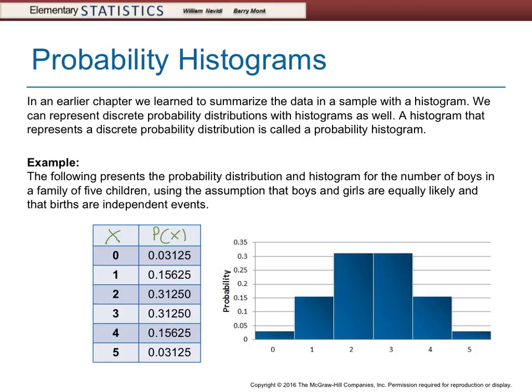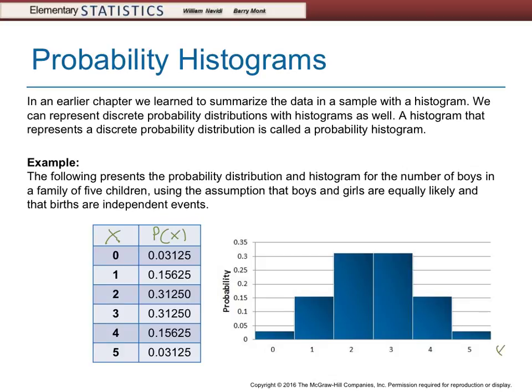We have the number of boys in a family of 5, and we're using the assumption that boys and girls are equally likely and that births are independent events. So in this particular case, on equally likely events, we can create a model associated with those events.